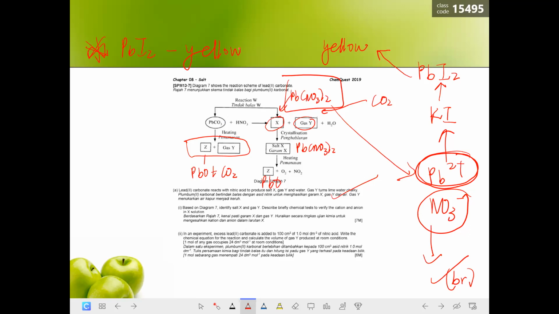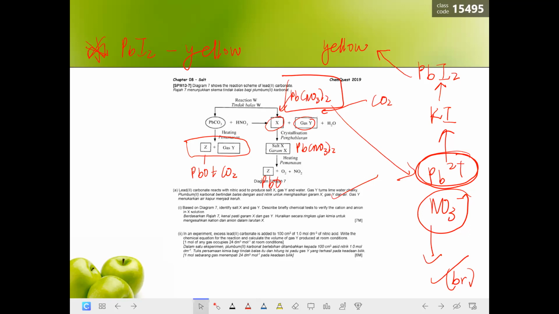What happens to PbI2 when I heat it up? What happens to the precipitate? And when I cool it again, what happened to the precipitate? Teacher taught you this yesterday also. Can remember? Cannot remember?